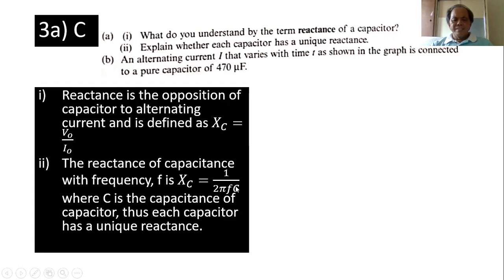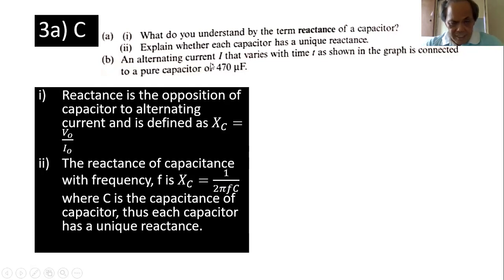C is the capacitance, f is the frequency. So X depends on C and depends on frequency. So at a particular frequency and a particular capacitance, X is a unique value. C changes, X changes. That's what I mean by each capacitor has a unique reactance.